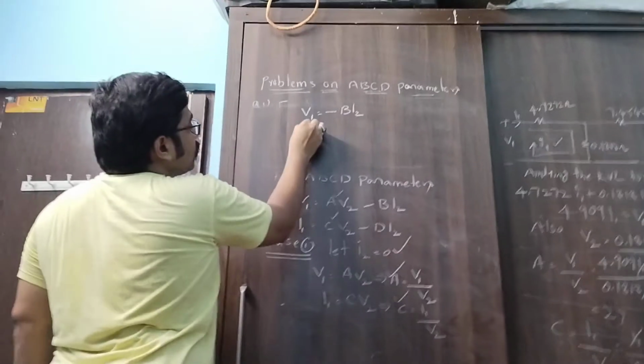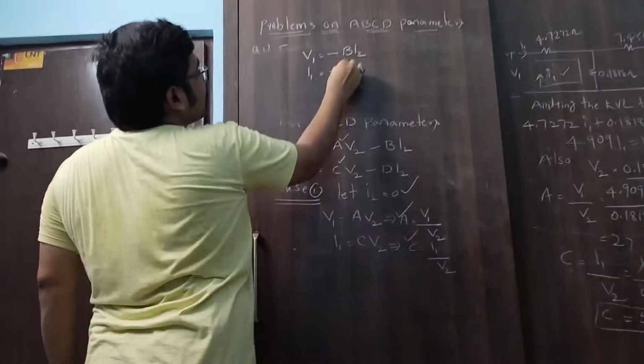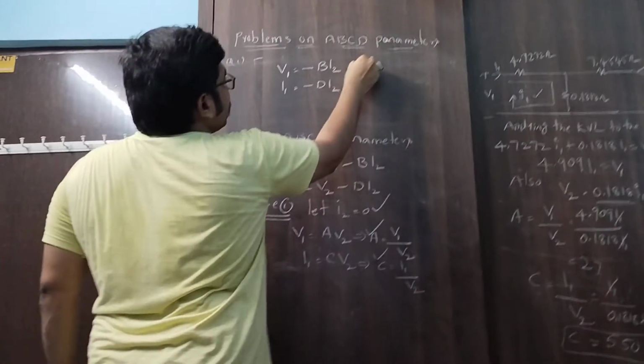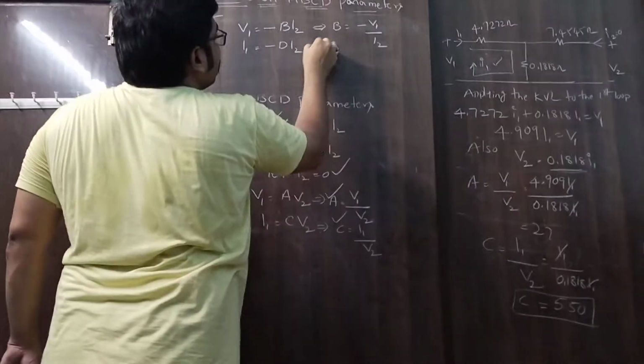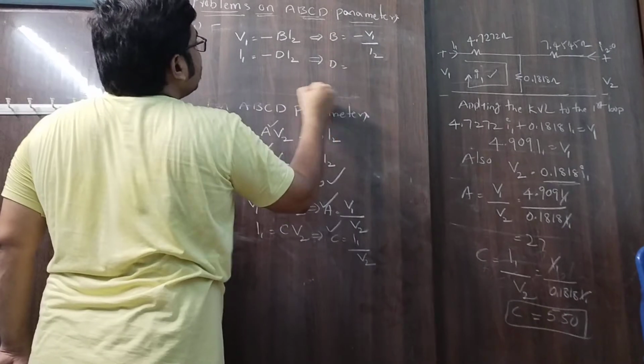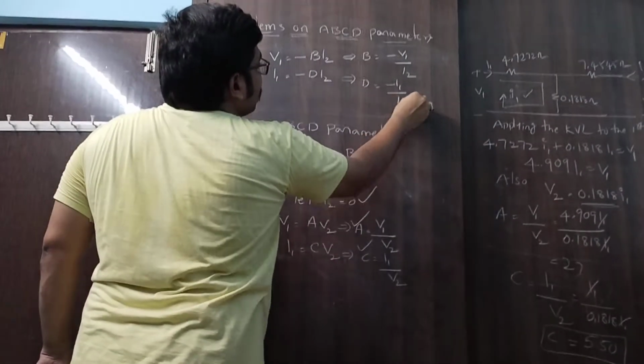Next, I1 is equal to minus B times I2. So from here you can calculate B is equal to minus V1 divided by I1. From here you can calculate B is equal to minus I1 divided by I2.